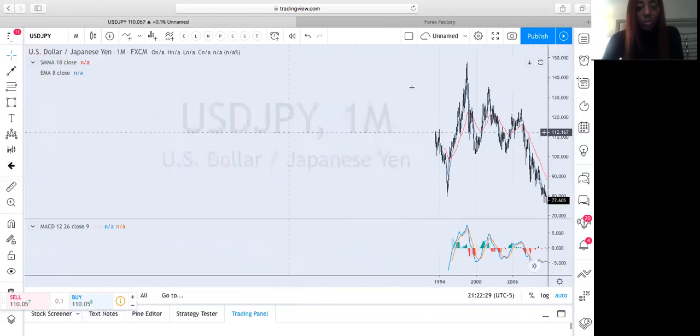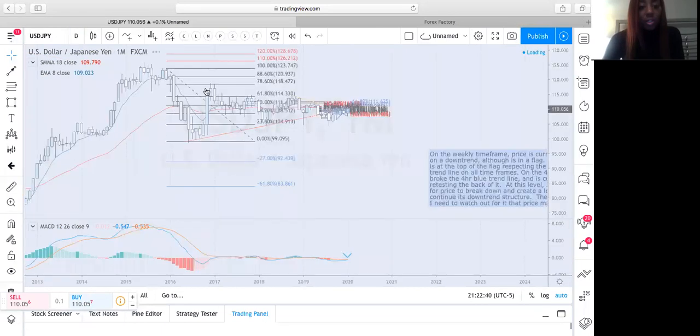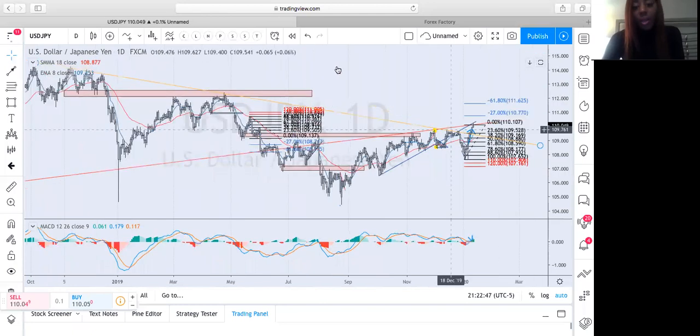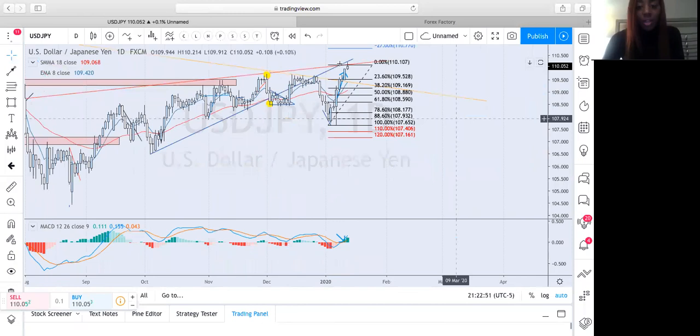Look at the red trend line here. Here is where structure broke that red trend line, came back up, and now it's retesting that red trend line. Does everybody see that? Yes. So that's my first indication. This monthly here, yellow.